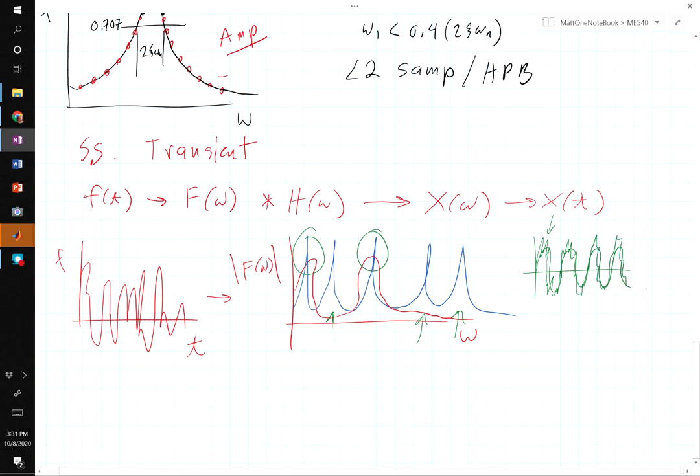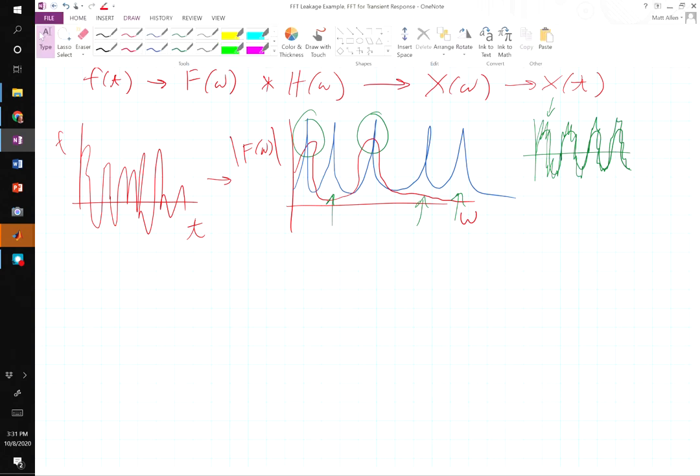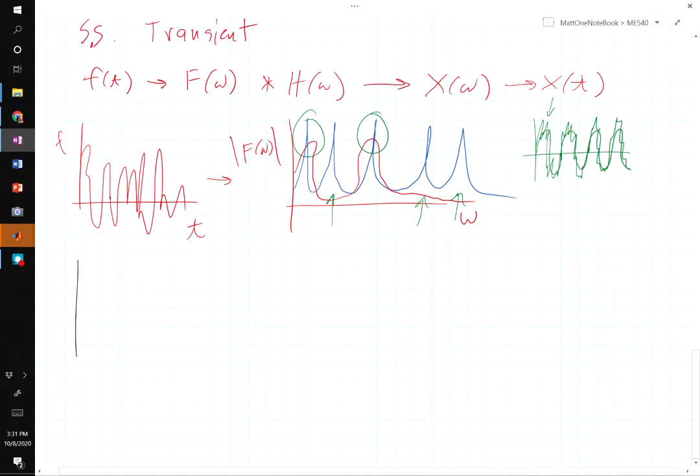Right? So once you understand this, you can kind of think of anything and start to imagine what's going to happen. Same thing with transients or impacts. Say we apply this impact to a system that's really slow, really broad, right?